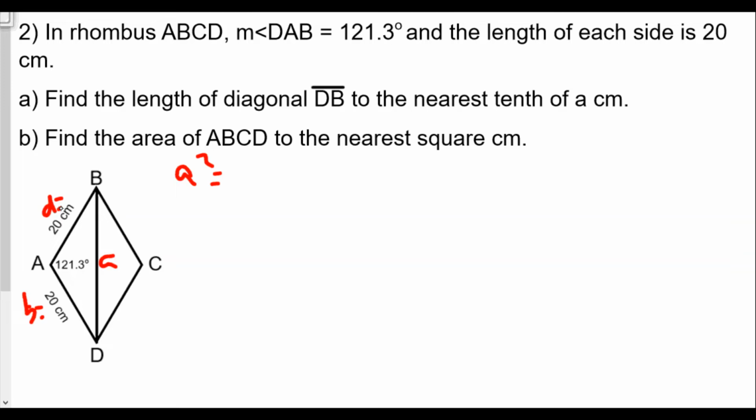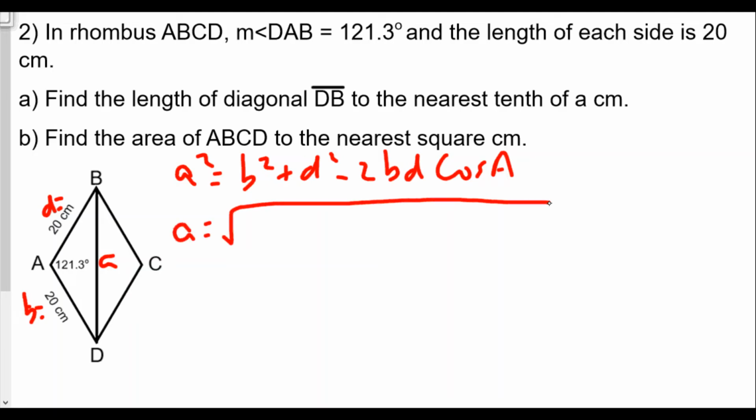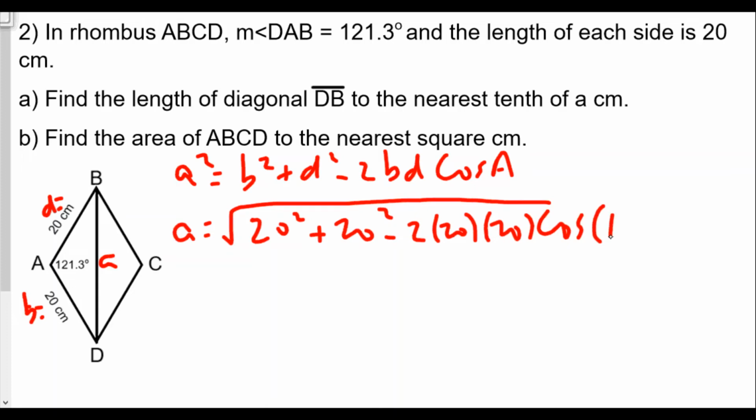Okay, so a squared equals b squared plus d squared minus 2bd cosine of A. And if we want to take the square root, a is equal to the square root of 20 squared plus 20 squared minus 2 times 20 times 20 times the cosine of 121.3 degrees.